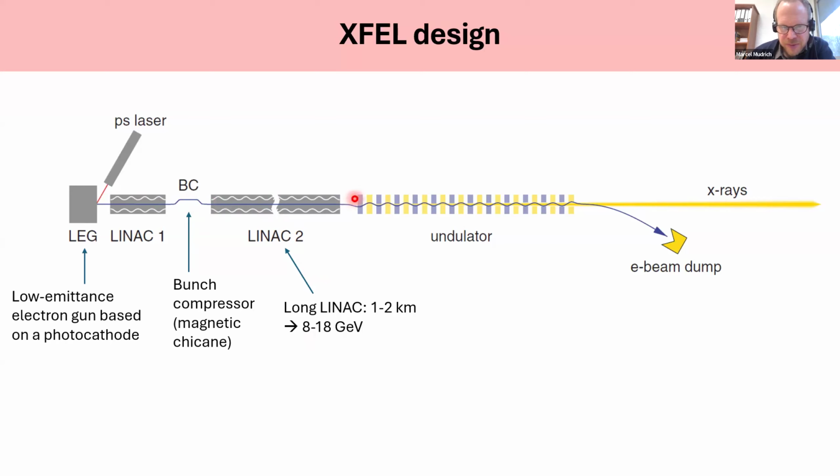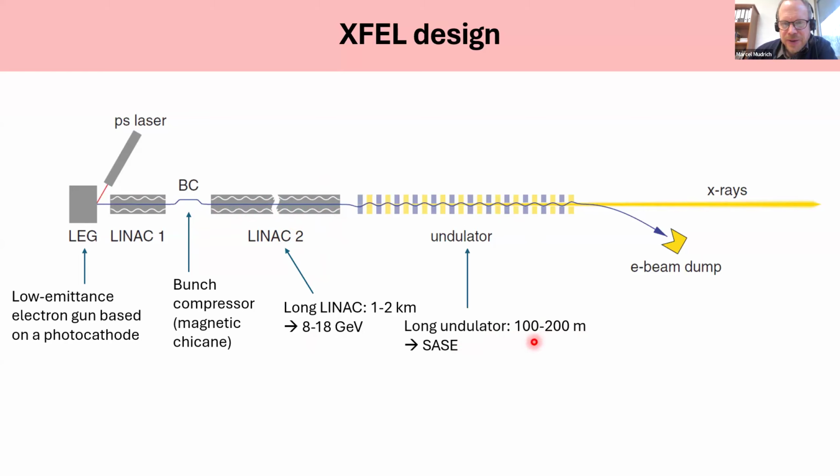And that is just achieved by the sheer size of the linear accelerator and also by as high an electric field as possible. So typically superconducting acceleration cavities are used here to really reach the highest possible electric fields in the radio frequency cavities. Then the electrons pass through very long undulators.